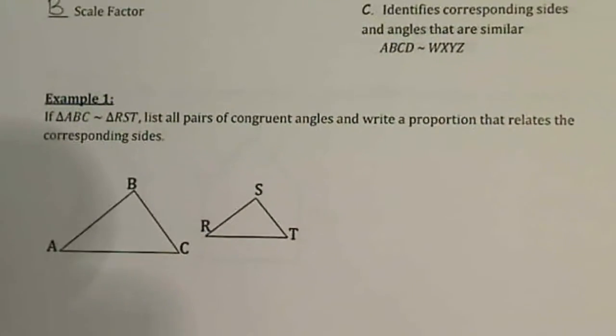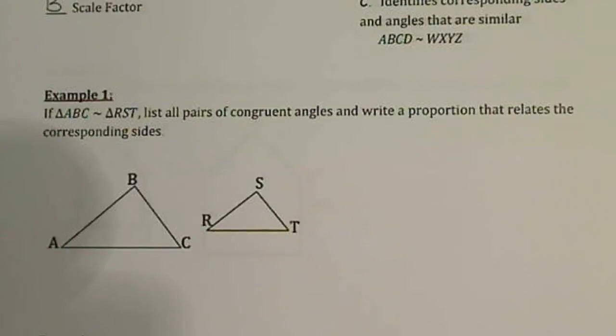And example 1 tells you that if triangle ABC is similar to RST, so you know that they're similar, you want to list the pairs of congruent angles and write a proportion that relates the corresponding sides. In order for something to be similar, I want you to write this note on your paper.